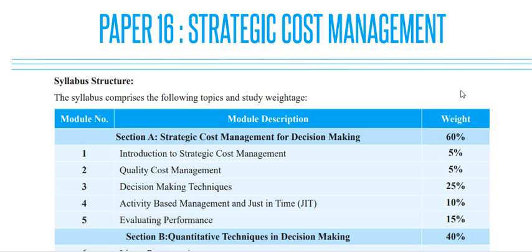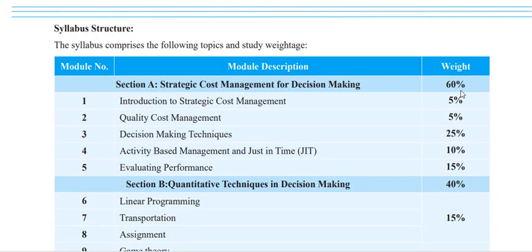As far as the contents are concerned, section A is a mixed kind of some theoretical portion as well as the numerical or problem based material, while section B is named quantitative technique in decision making. It is basically purely mathematical kind of things.